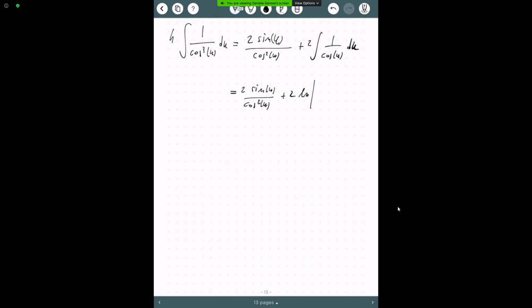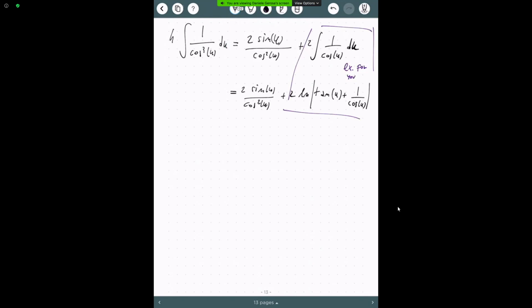So I'll just maybe omit this step. If it's not clear, just try to convince yourself why this is true. So now it actually has a primitive. Maybe this is a little exercise for you, this purple one, exercise for you.